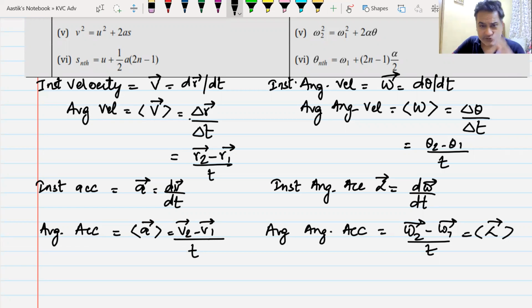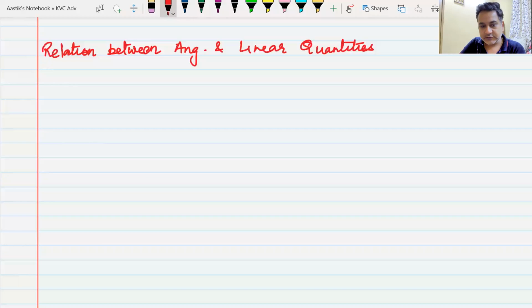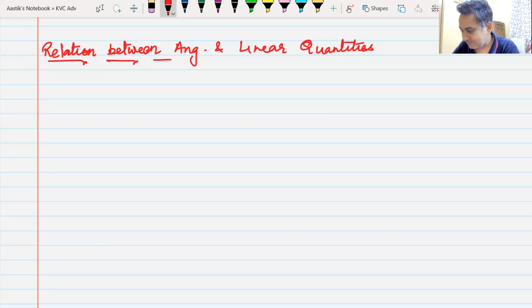Then we have seen linear quantities, we have seen angular or rotational quantities. The next thing is the relation between angular and linear quantities. Sir, the screen is not changed. I know. Sometimes I don't know, but sometimes I know. Relation between angular and linear quantities.